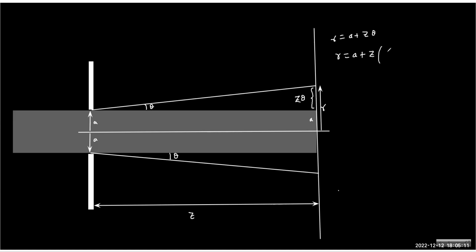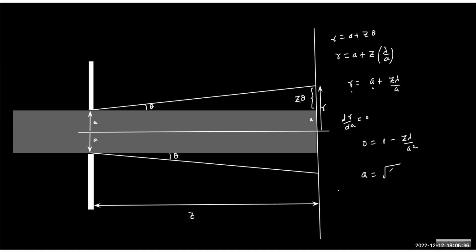And theta we know is lambda by A, right? Now they're asking for what value of A, R is minimum, right? So dR by dA equals 0. I can differentiate.